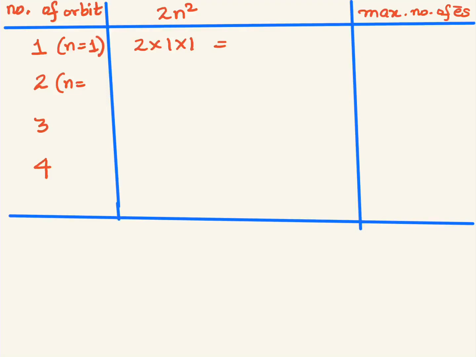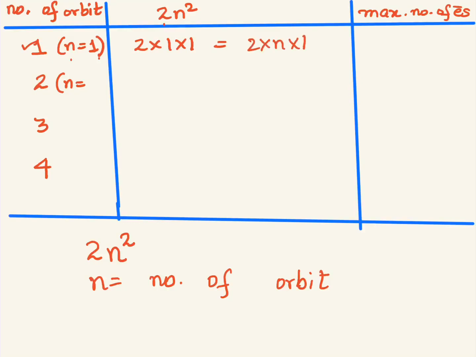2n square rule. What does this say? That the maximum number of electrons in any orbit is given by 2n square, where n is the number of orbit. So, what we've got over here? If I'm talking about the first orbit, it means n is equals to 1. 2 into n, right?